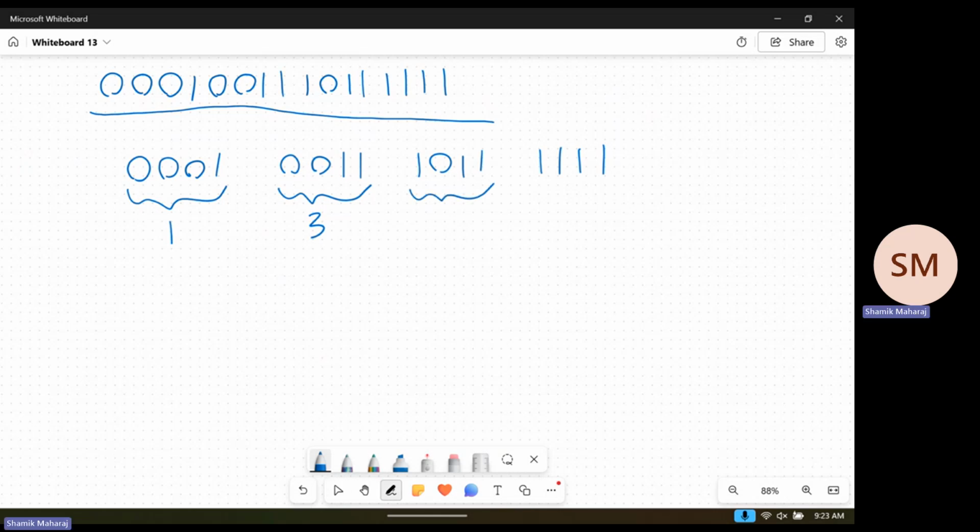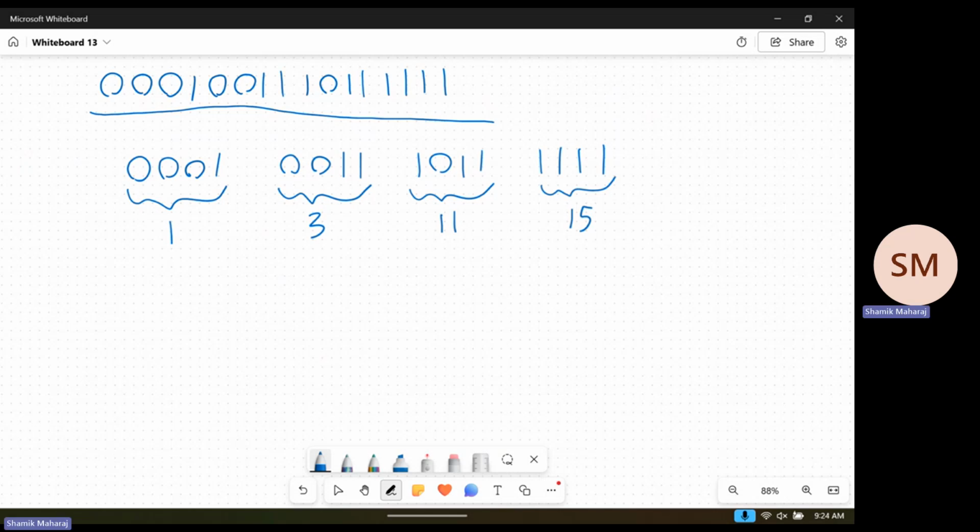This is going to be 11. And this is going to be 15. We can do the longer procedure here if we need to, but I'm just writing them quickly.